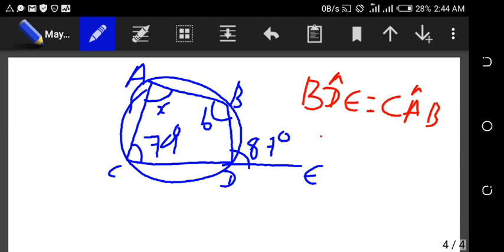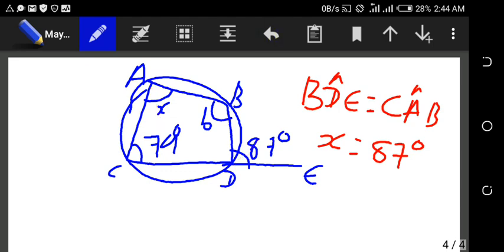Therefore, by deduction, x is equal to 87 degrees, because the exterior angle is equal to the interior opposite angle. That is the theorem that we are looking at.